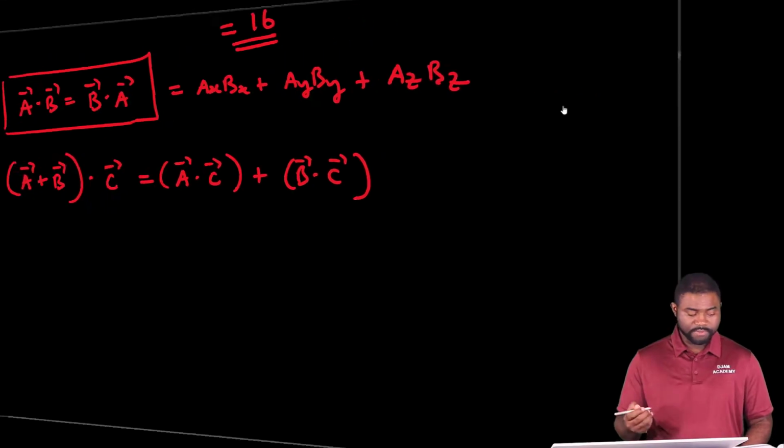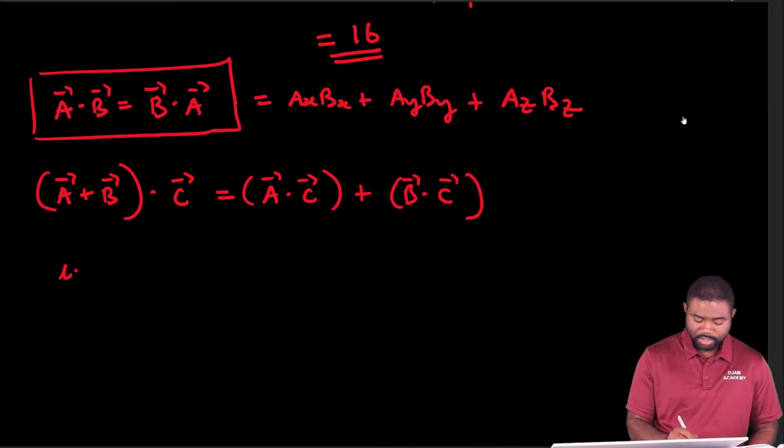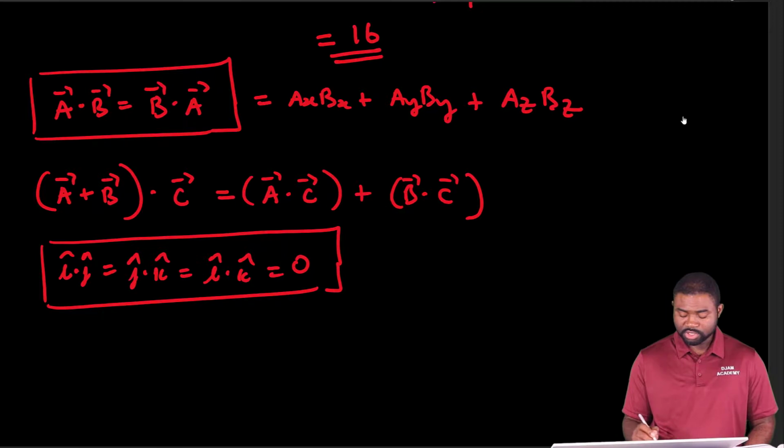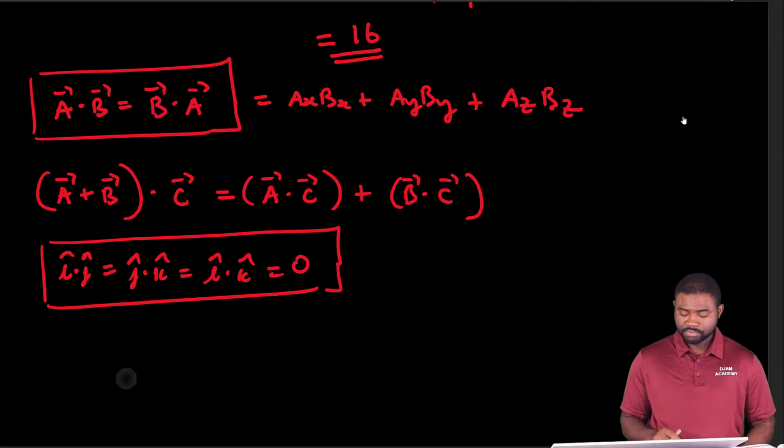Keep in mind that i dot j is equal to j dot k, which is equal to i dot k, which is equal to 0. The order does not matter, and the reason is because the dot product of two vectors which are perpendicular to each other is equal to 0.